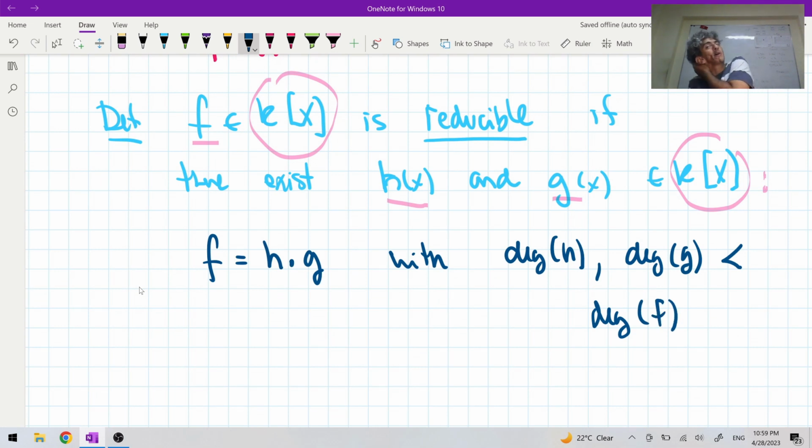So a polynomial is reducible if it has factors which have degree strictly less than the degree of f.